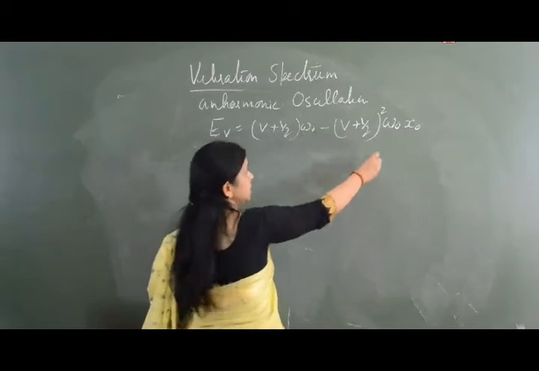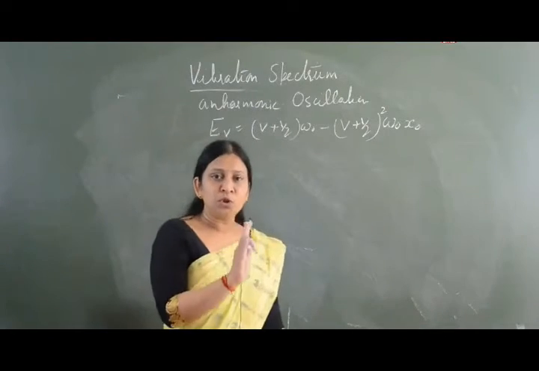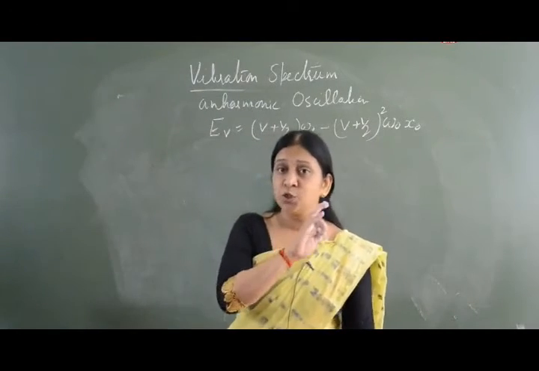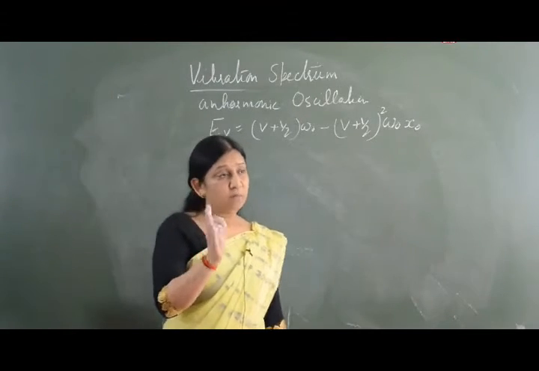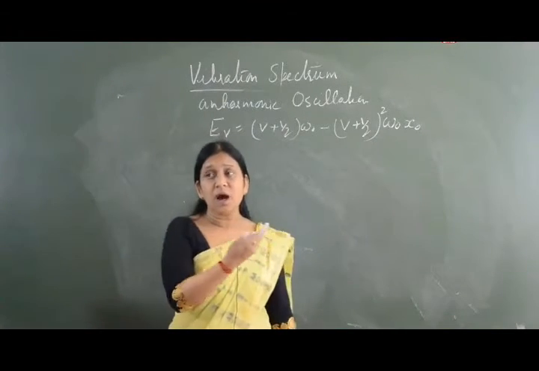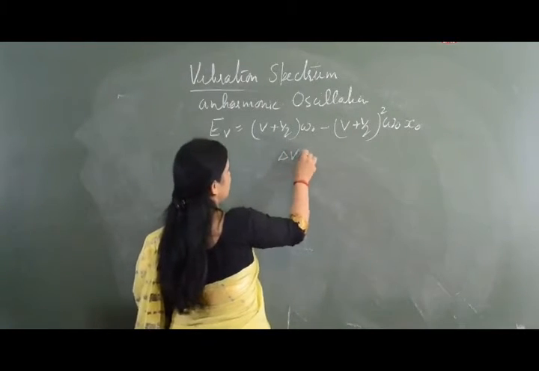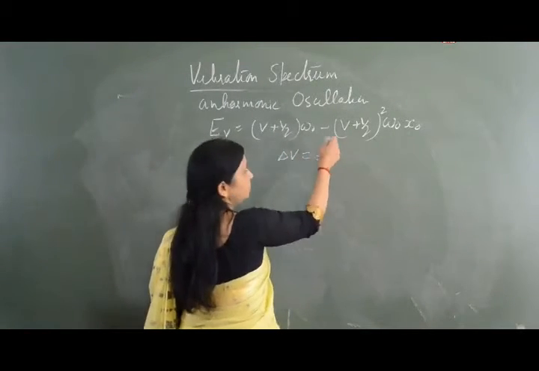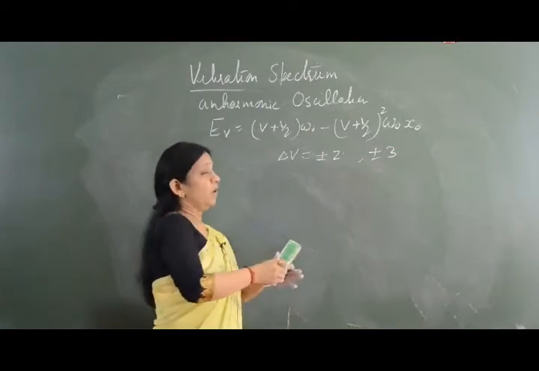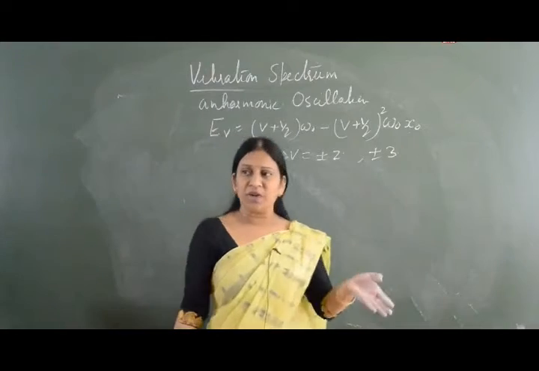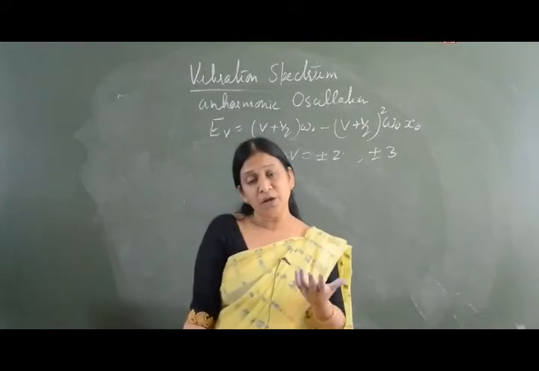When we were considering harmonic motions, the selection rule was delta V plus minus 1, but because now we have considered unharmonicity, the selection rule is going to change. It can be plus 2 or it can be plus 3, depending upon the amount of unharmonicity which has been introduced.